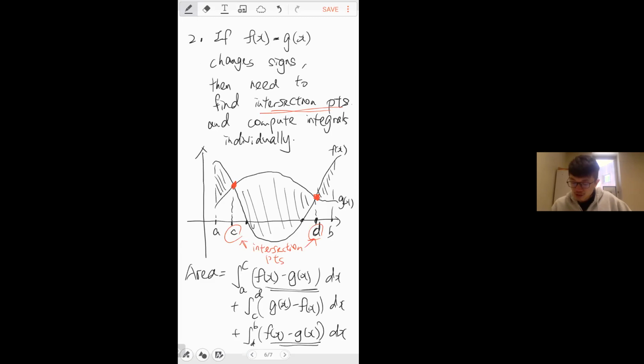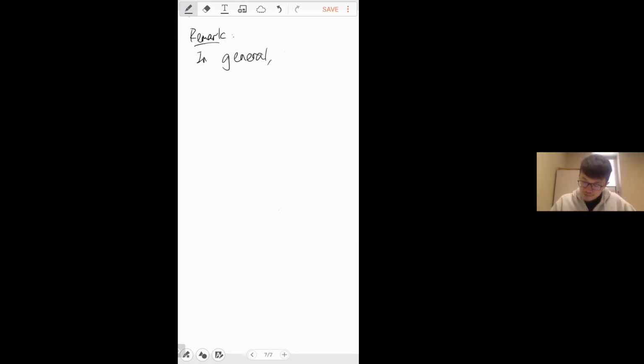Whereas from C to D, g of x minus f of x is positive, right? So we want to make sure that everything inside the integrals is always positive.